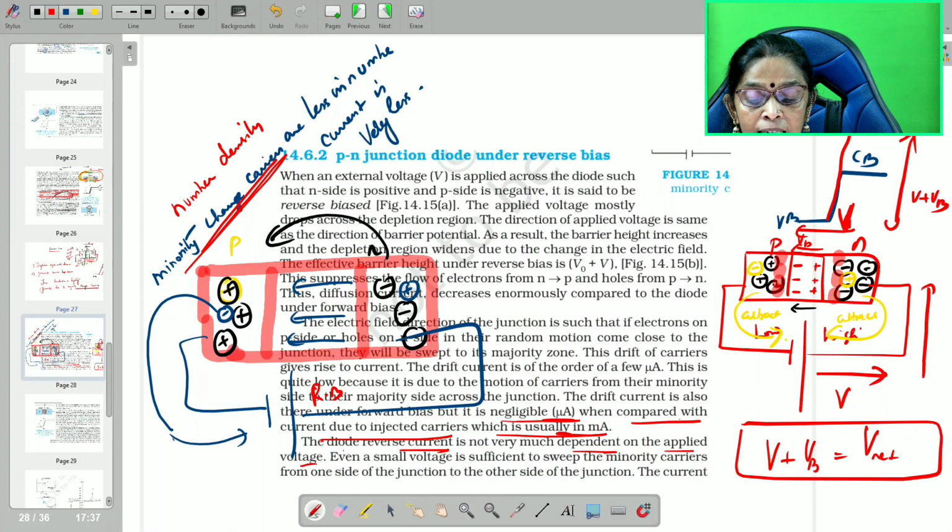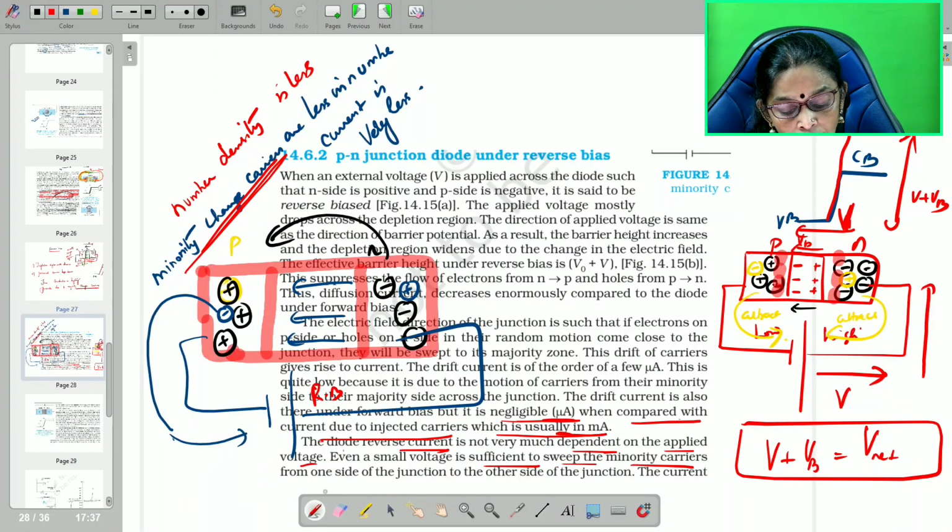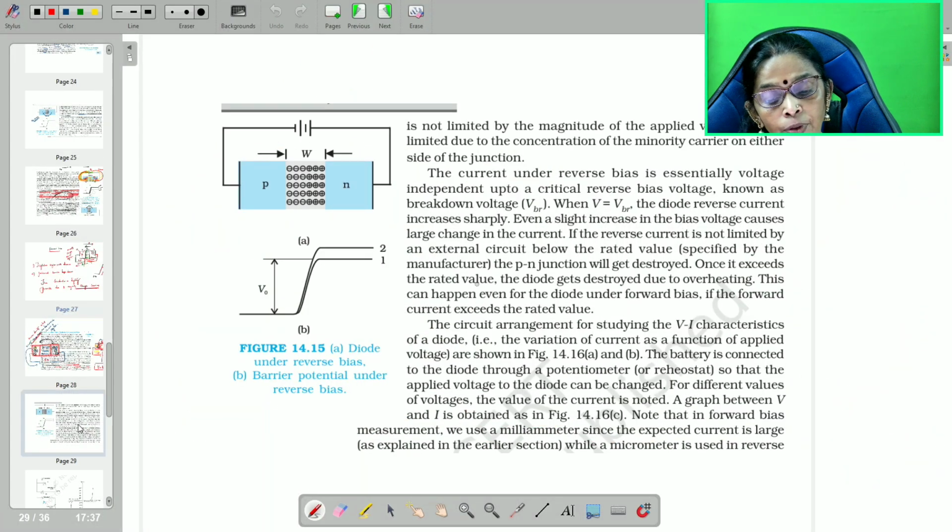Since the number density is very less, the current due to the minority charge carriers is less. So even a small voltage is sufficient to sweep the minority charge carriers from one side of the junction to the other side of the junction. So the current is not limited by the magnitude of the applied voltage, but is limited by the concentration of the minority charge carriers.